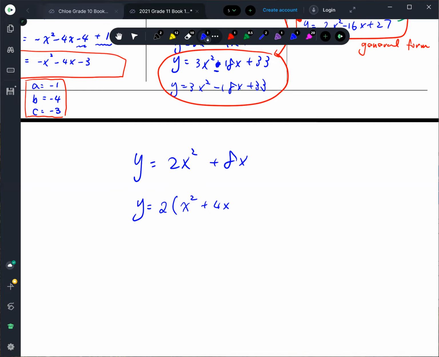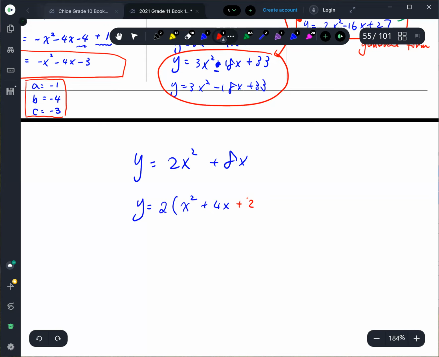I don't get it. What do you mean by divide by 2? The middle number you divide by 2, so then it's 2. So what do you do with the 2? You do plus 2 squared. Close bracket. And then what's step 3?